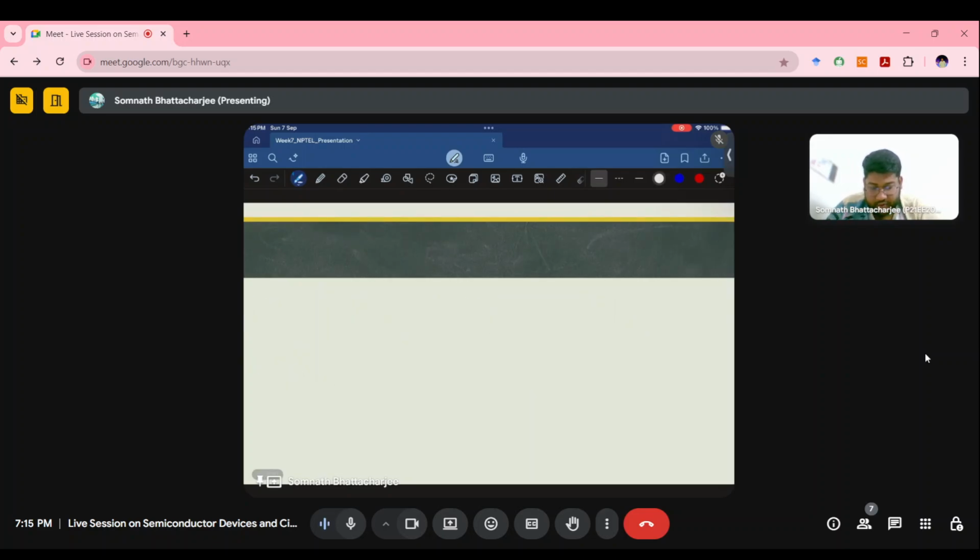First, what is a bipolar junction transistor? Let me write it as BJT. What is a bipolar junction transistor? Let us have a junction like this. It can be any kind of junction.